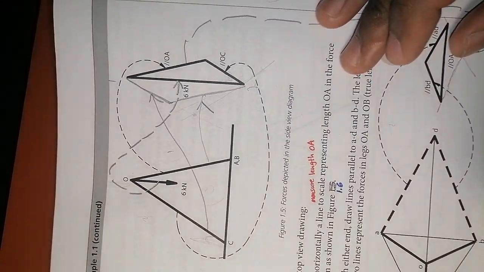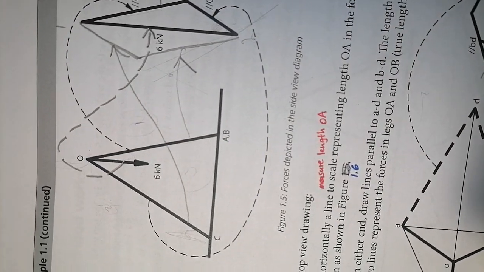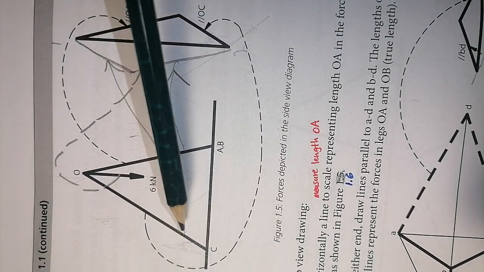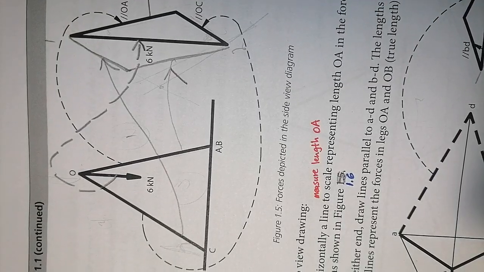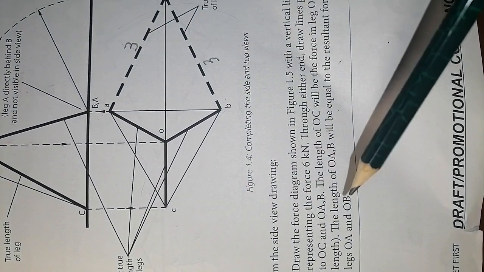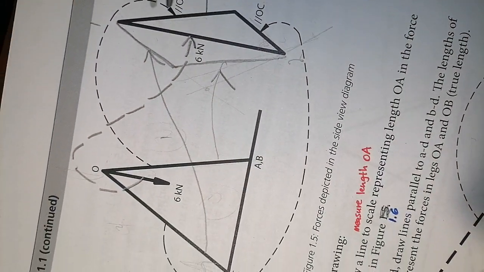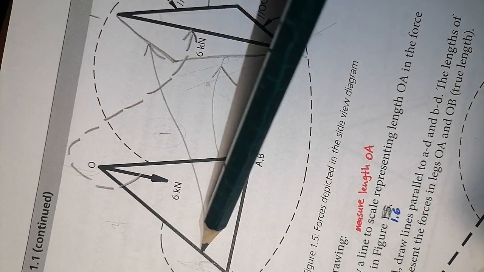It's just that I didn't get time to show you an alternative method, but here you'll need a protractor. You have to measure this angle, and then draw those things there. Either or through either end. So they're just referring to this. You can draw this line here.